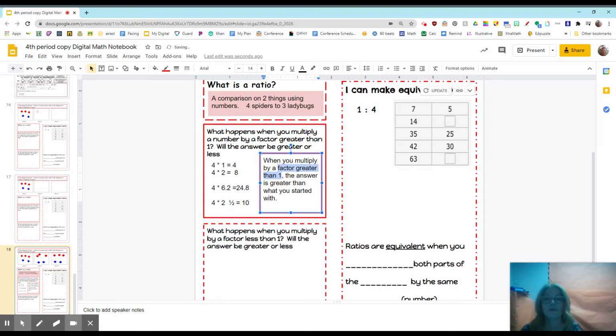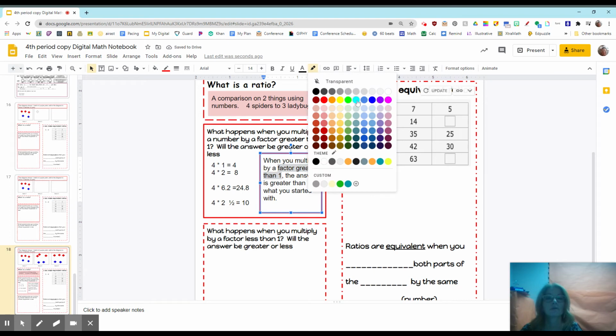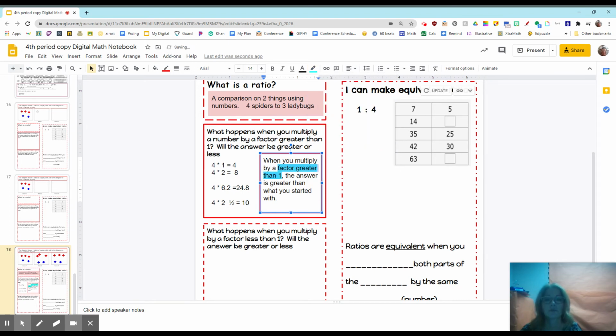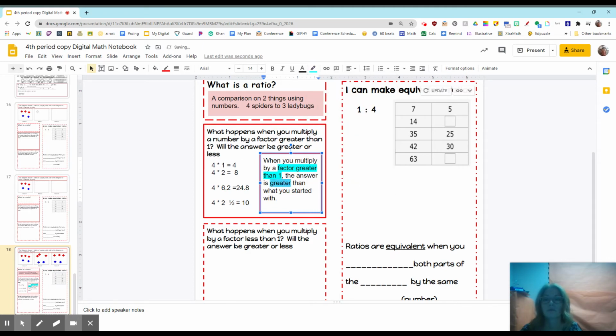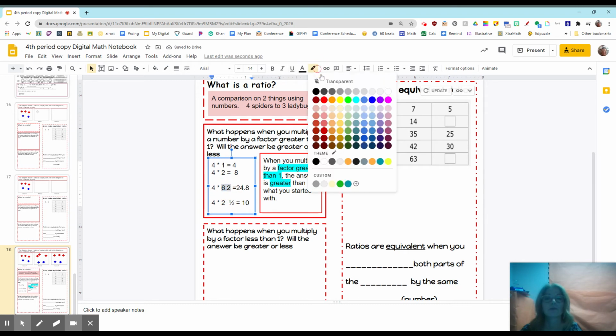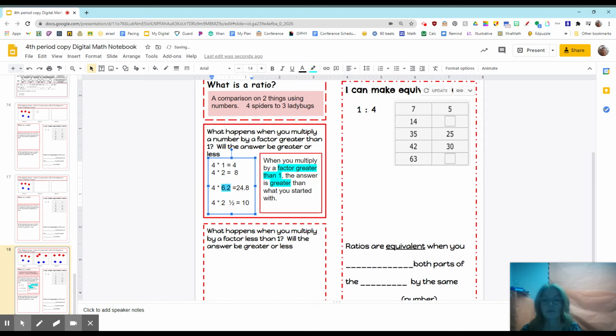So factor greater than 1, I'm going to highlight that. That's important. So the answer will be greater. Actually, I want that. So this is greater than 1. It's greater than 1.